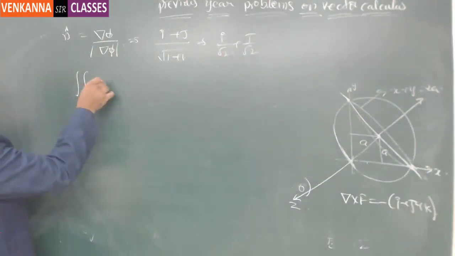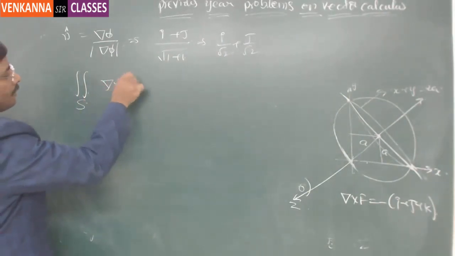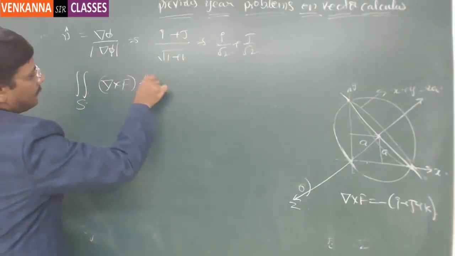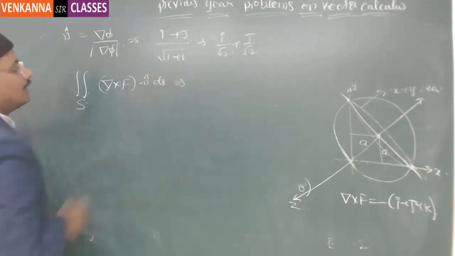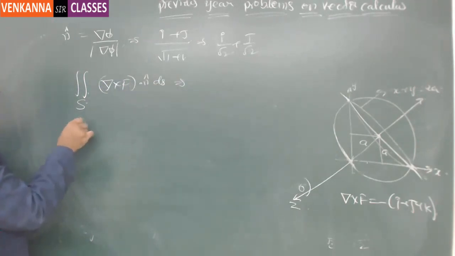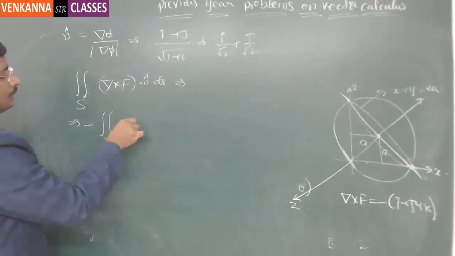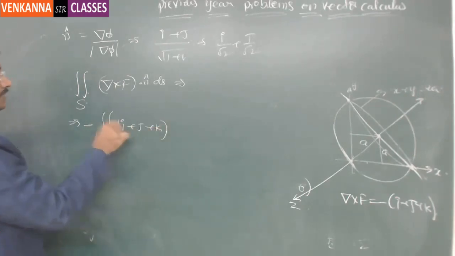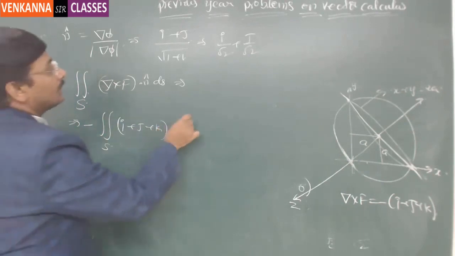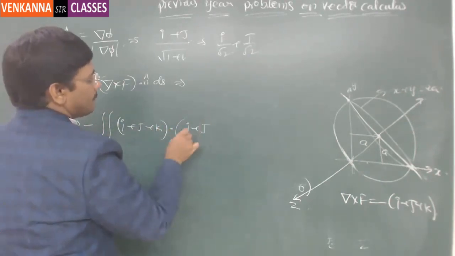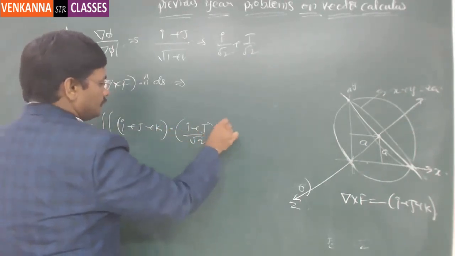Now del cross F dot n cap ds. Now del cross F, this is minus double integral over the surface of i plus j plus k, so this minus is taken out, dot n cap, which is i plus j by root 2, into ds.